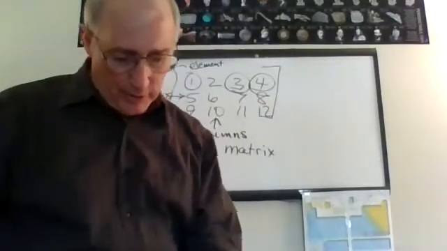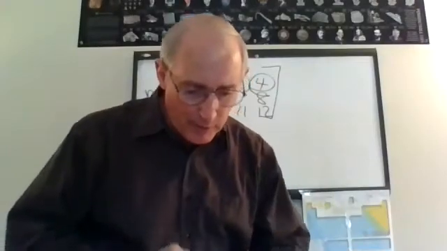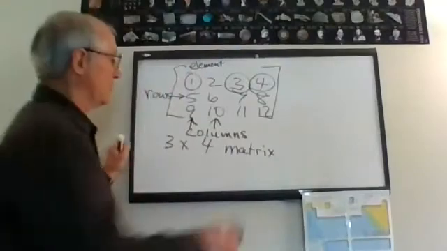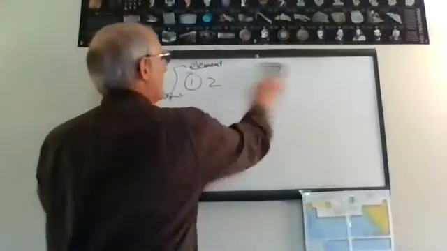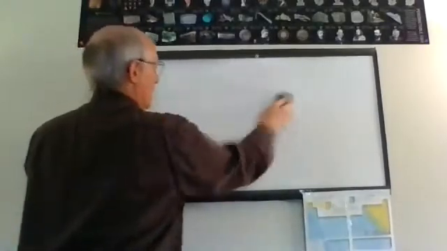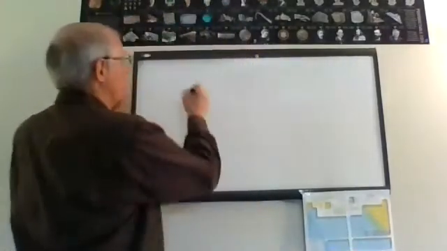Now, if you take a look at example 1, you're going to see that they're representing a coordinate plane by using a matrix. So let's get rid of this, and let's go ahead and look at example 1, part B. Here is the matrix.